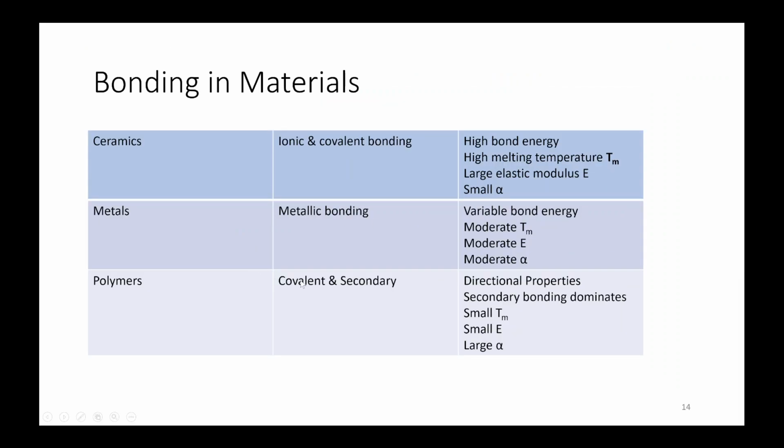So these two types of bonding will be there. They have directional properties because of the presence of covalent bonding. And secondary bonding will be dominating because it is between chains, so it will be giving small melting temperature, small elastic modulus, and small thermal expansion coefficient.